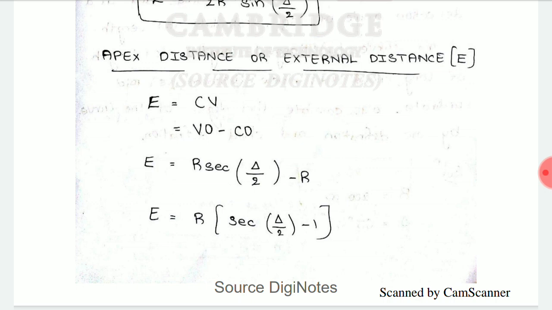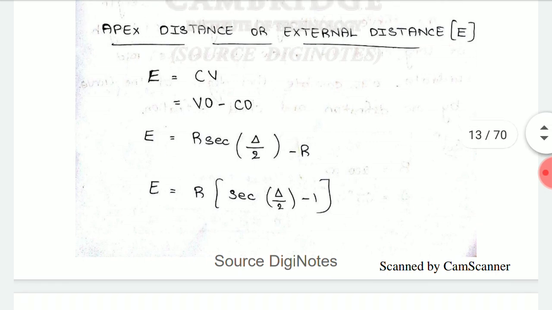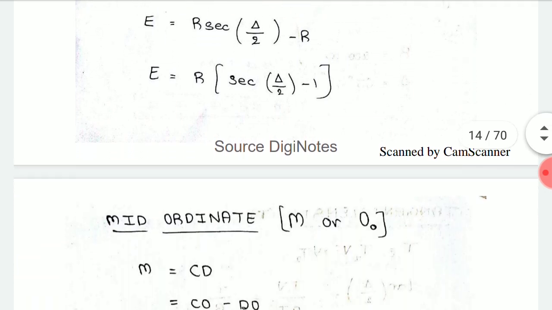Sec delta by 2 is hypotenuse by adjacent, that is inverse of cos. So sec delta by 2 is VO by R. So VO is nothing but R sec delta by 2. CO is nothing but the radius of the curve, that is R. So external distance becomes R into the bracket sec delta by 2 minus 1.